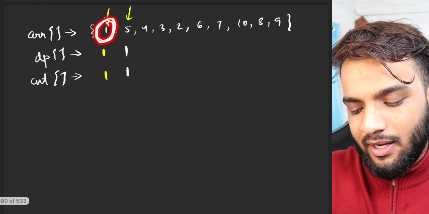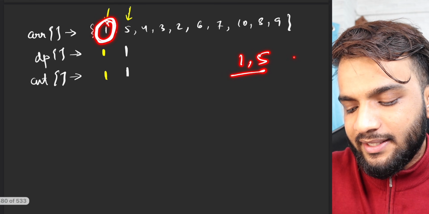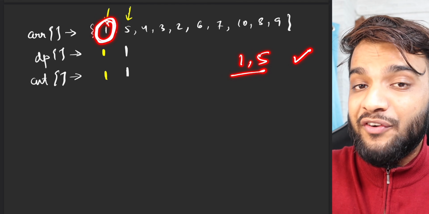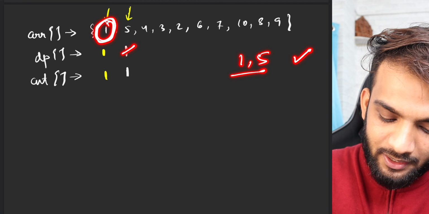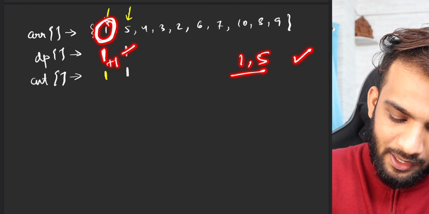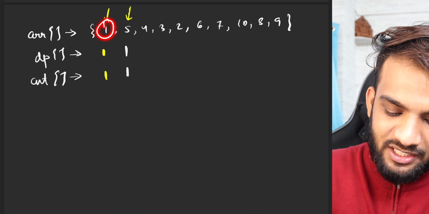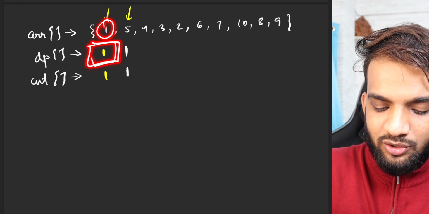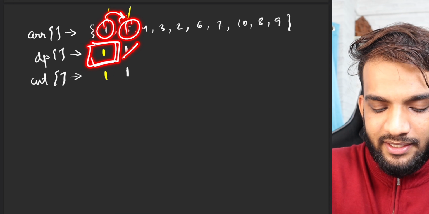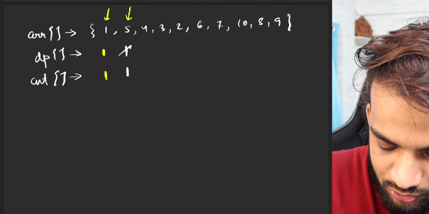Can this 1 attach to 5? Yes. If it can attach, the length will be 1 plus 1, because 5 has attached to 1. So 1 was initially of length 1, and that gets attached to 5, so the length will increase to 2.